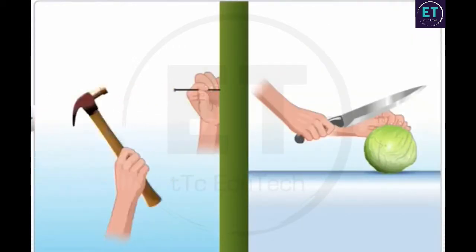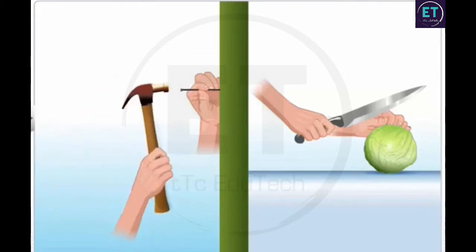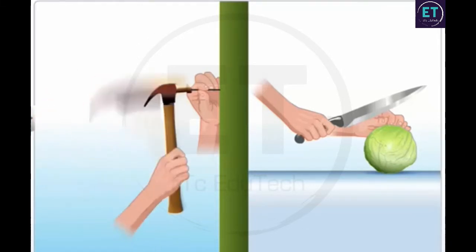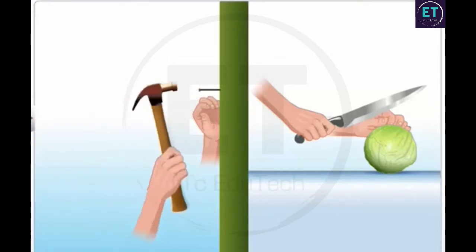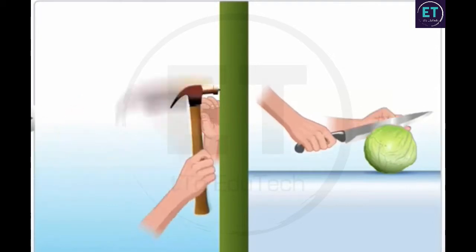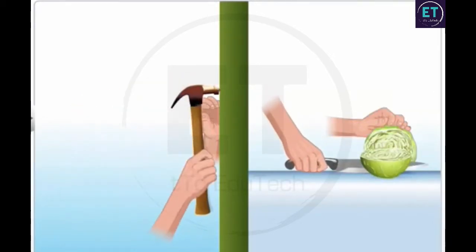We have seen that nails have pointed tips to help us drive them into surfaces. Why is it important for a nail to have a pointed tip? For that matter, why is it important to have a sharp knife to chop vegetables?